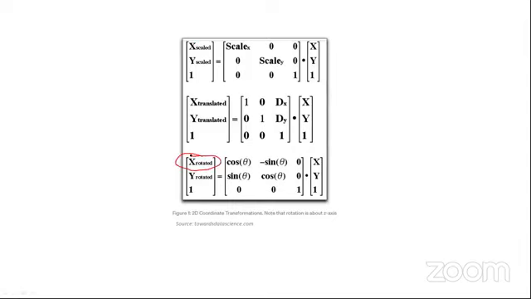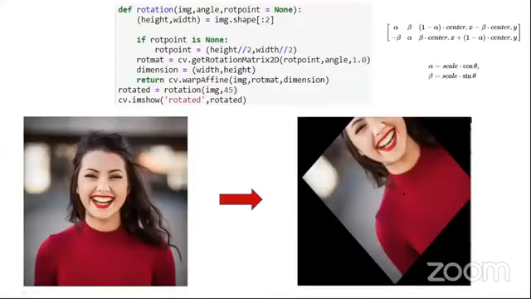Now you have a matrix of the image, in which you have different pixels. This pixel x, you take it here, and you give the theta to your model. This is in polar coordinates, and you will get your new pixel corresponding to that rotated image. So that's the simple mathematics behind it.